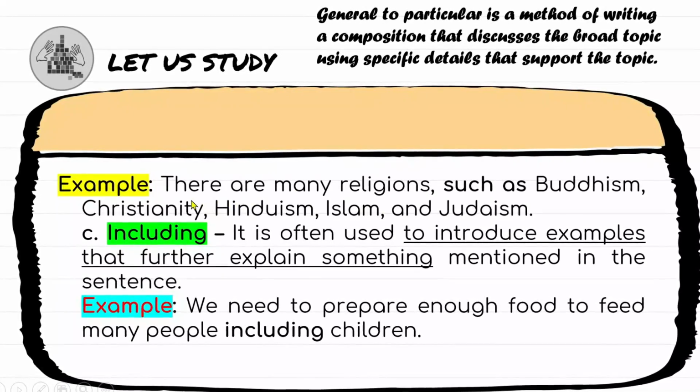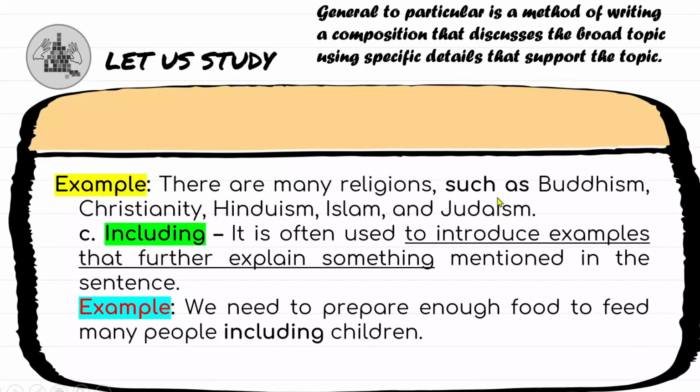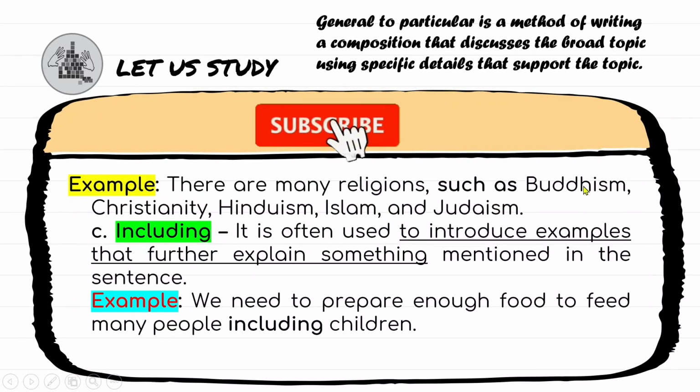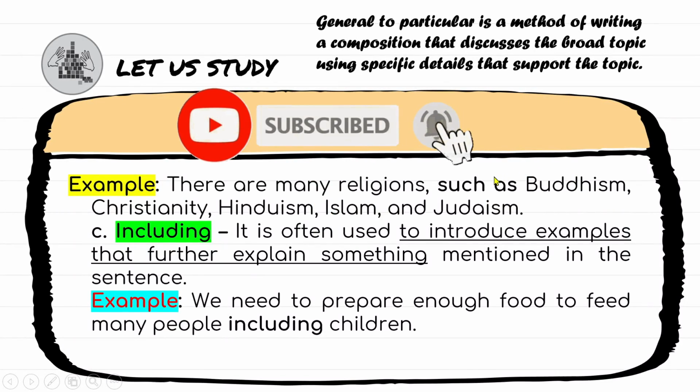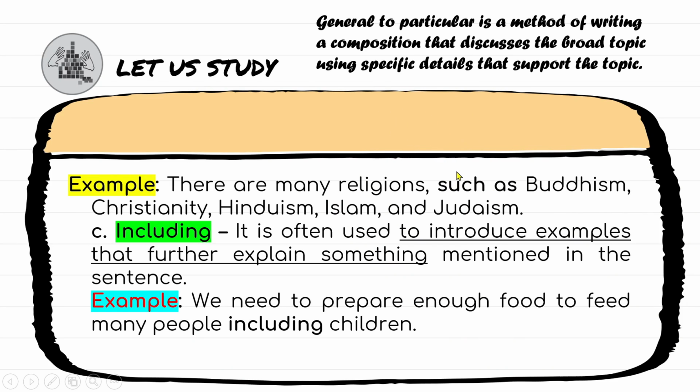In this example, compared to the use of for example, you can see that our examples follow the term right away. Our transitional term is such as. It is right away followed by the examples that we provide. What are the examples that we provided in this sentence? They are Buddhism, Christianity, Hinduism, Islam, and Judaism.